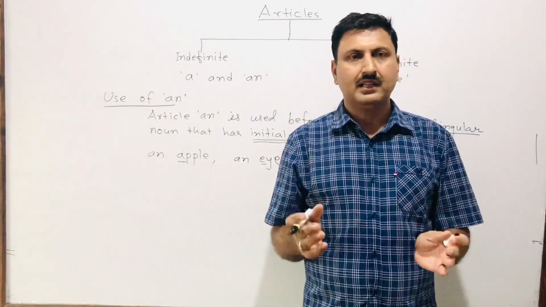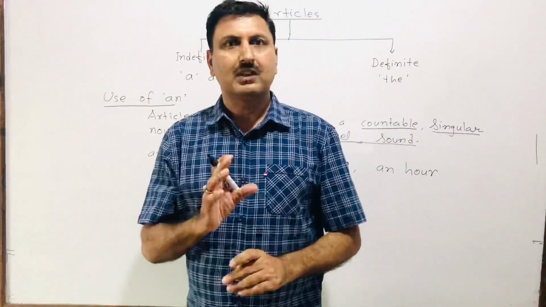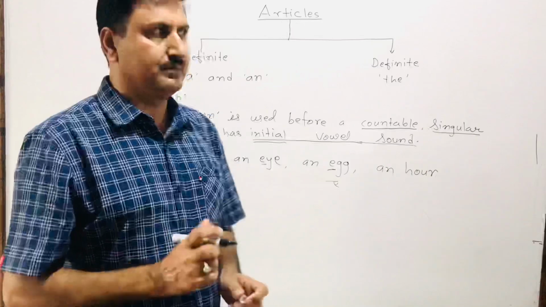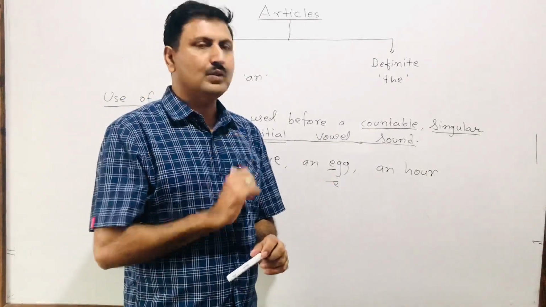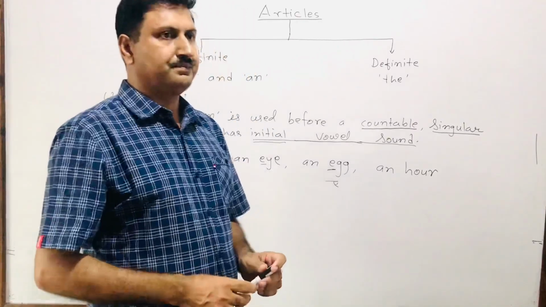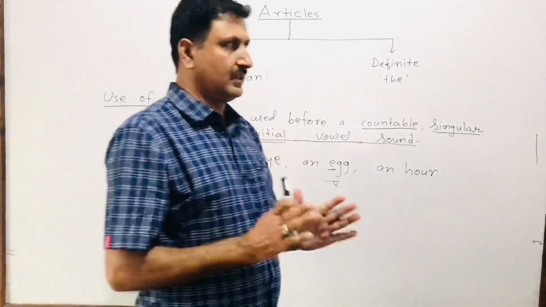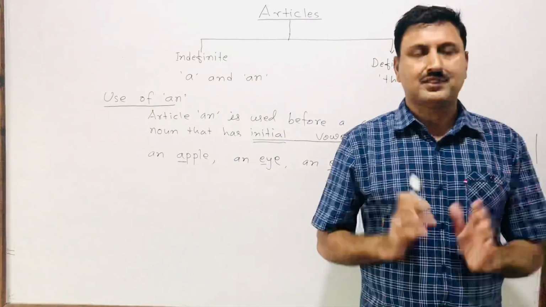Some students say that A, E, I, O, U are vowel sounds. They are wrong. Because A, E, I, O, U are not vowel sounds, they are vowel letters. Sound and letter, these two things are different.